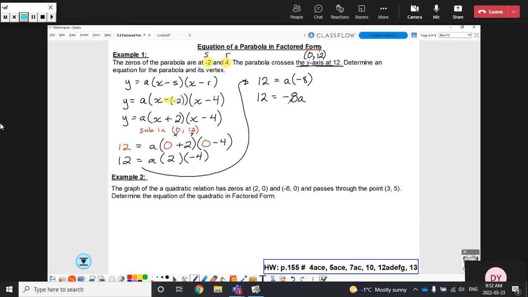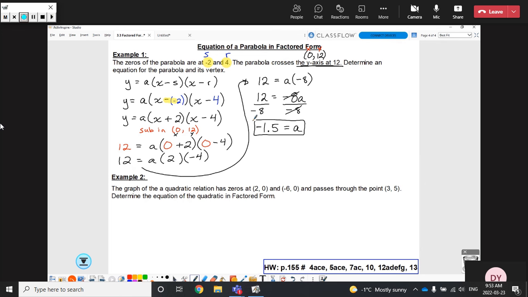I like to balance the equation. I like to divide this by negative 8, divide that by negative 8. 12 divided by negative 8 is going to give us a fraction here. Negative 1.5, I feel like that's kind of reasonable to put as a decimal. It's a terminating decimal, which means it ends. So negative 1.5 equals a.